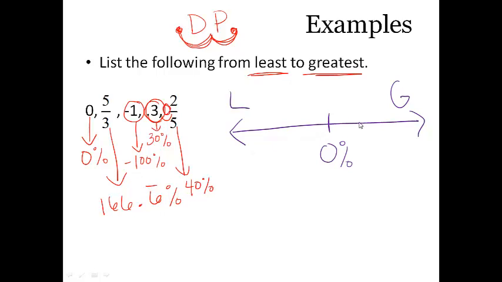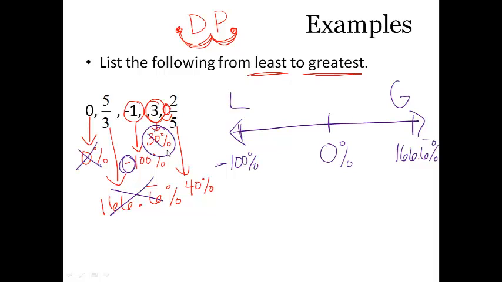That's pretty big, so I'm going to put it pretty far over here because remember our positive numbers are on the right. Then what about the negative 100? Negative numbers go to your left, so negative 100% is going to go over there.